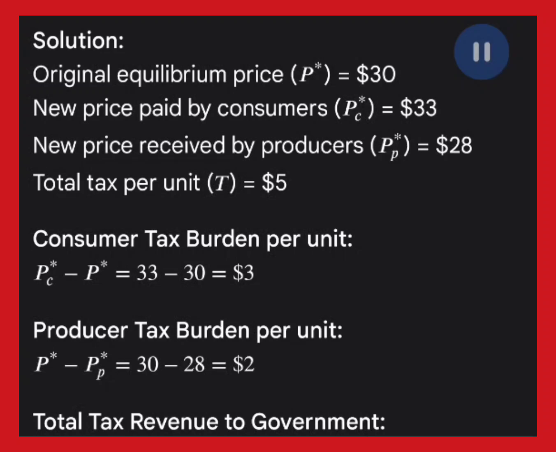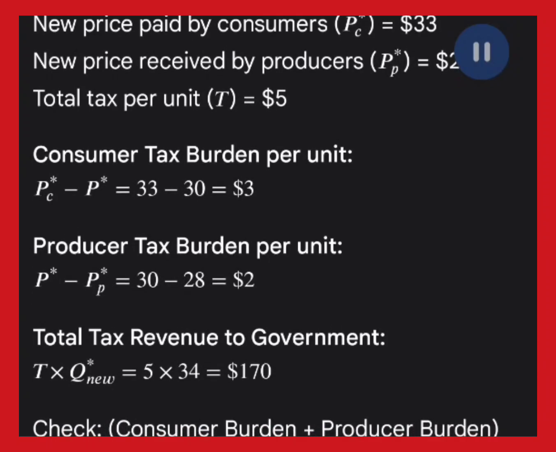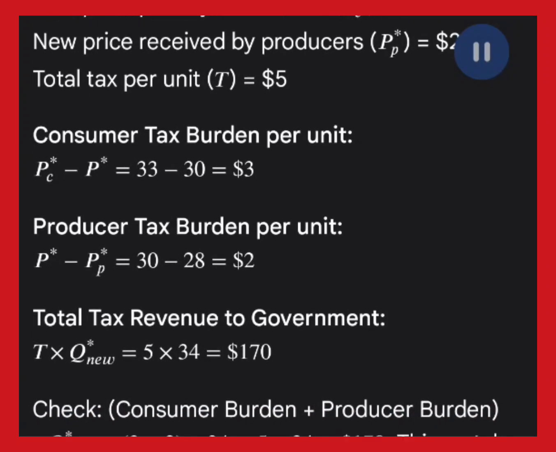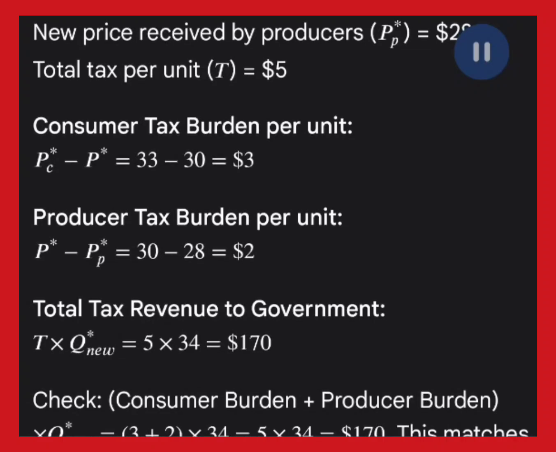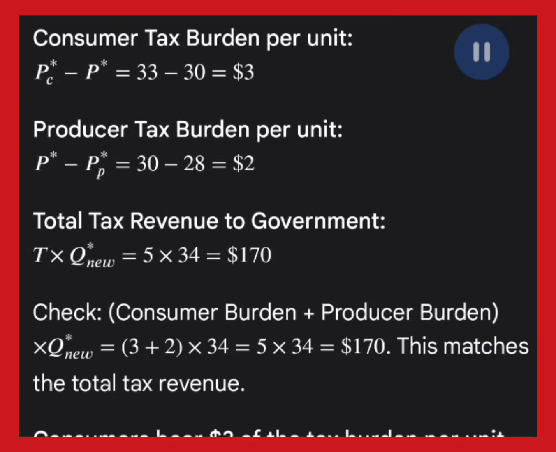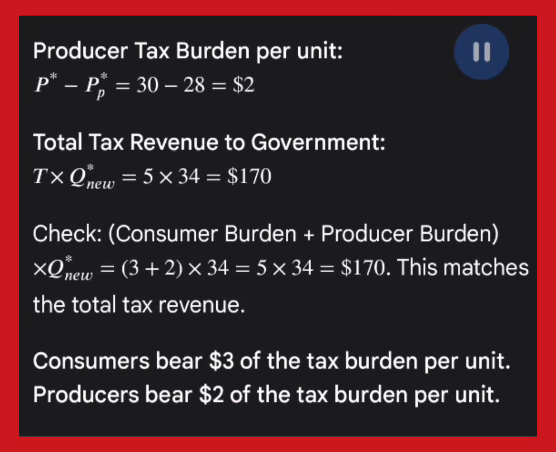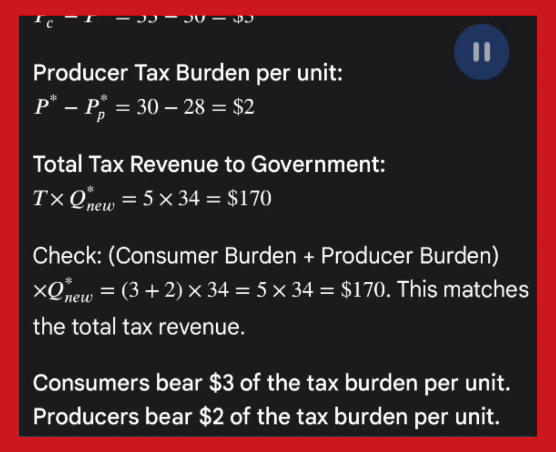Total tax per unit T = $5. Consumer tax burden per unit: P_C − P* = 33 − 30 = $3. Producer tax burden per unit: P* − P_P = 30 − 28 = $2. Total tax revenue to government: T × Q_new = 5 × 34 = $170.